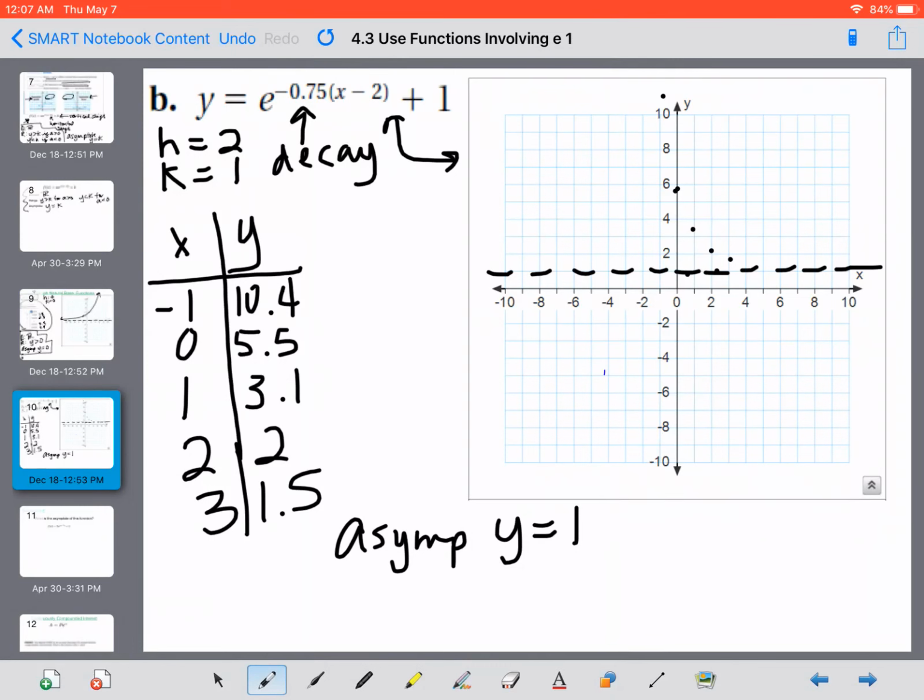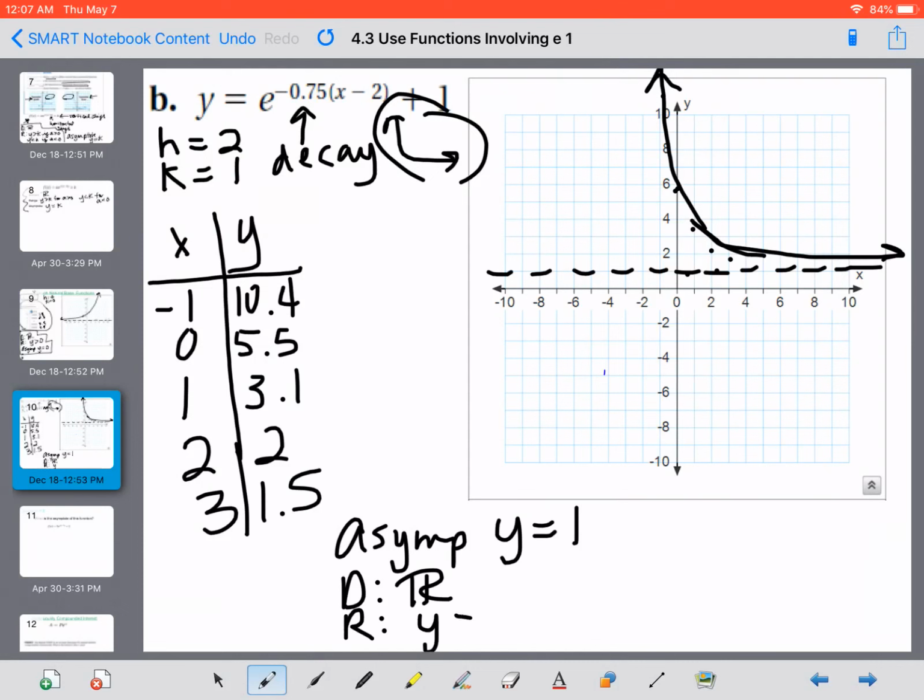So we know that as we fall, moving to the right, it's going to get infinitely close there, and then we're going to rise there, which matches our prediction of our graph right here. So my domain is all real numbers, and my range is y is greater than, but not equal to, so just greater than 1. And there's your graph.